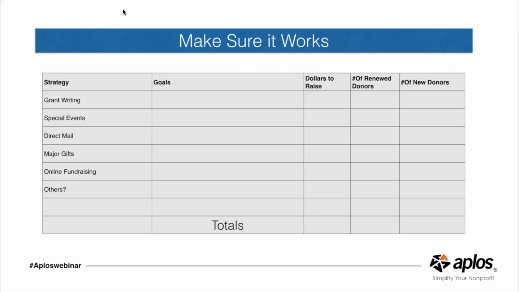Later on in the webinar, we'll get into more specifics, more in the weeds kinds of things. So just make sure what we said makes sense. Make sure you said you want to raise $100,000. Those columns should all total $100,000, and the number of donors and new donors should match what you set as that goal.